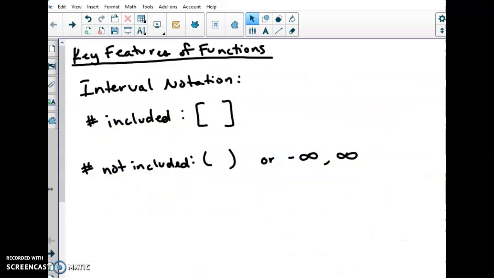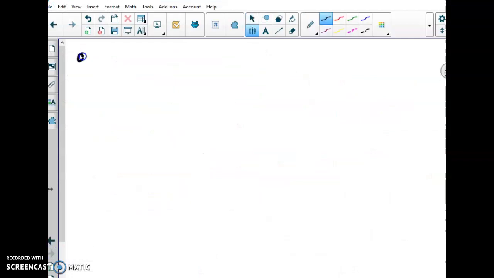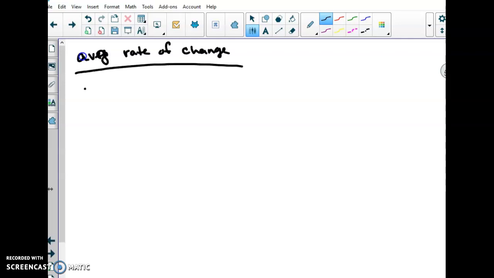Now, average rate of change, okay, this is basically a slope formula for any line slash curve.